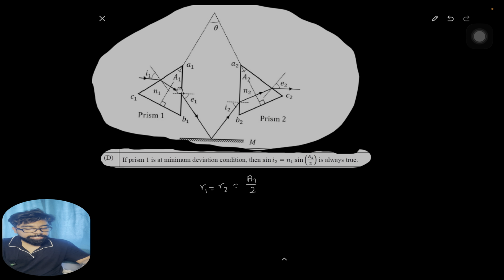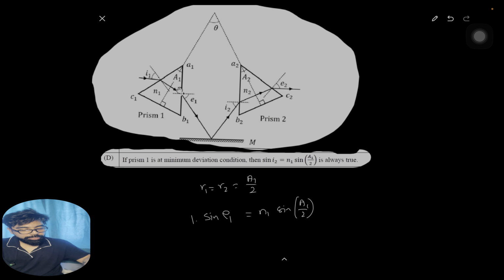And apply Snell's law at this point. The Snell's law will be 1 into sine E1 is equal to n1 into sine A1 by 2.